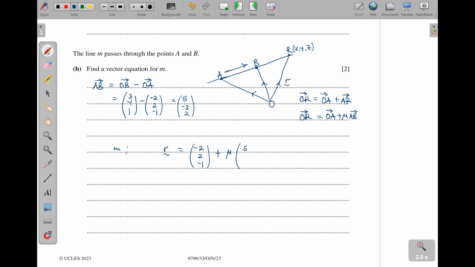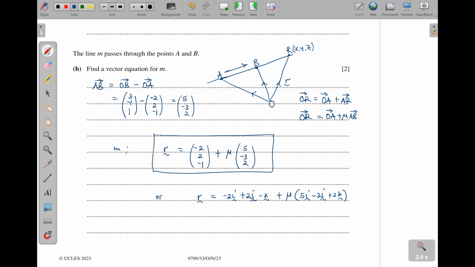So it is (5, -3, 2). Alternatively, you can write your r as -2i plus 2j minus k, plus lambda, and then inside here you have 5i minus 3j plus 2k, okay? You can also have it that way.